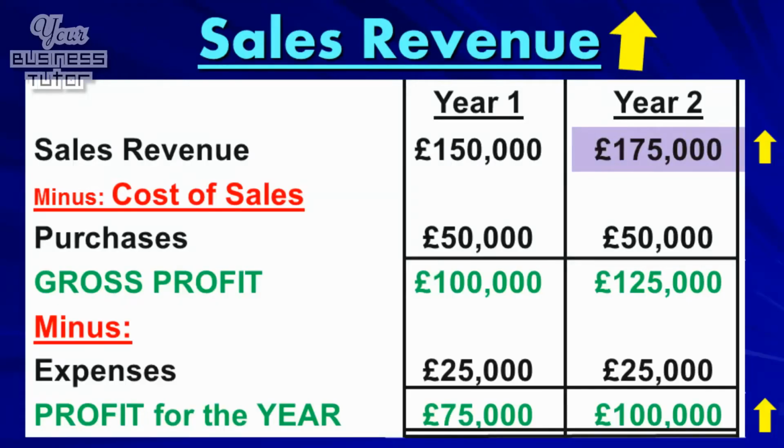Okay, so let's do that by first looking at an example where the profit for the year has jumped from £75,000 in year 1 to £100,000 in year 2. As can be seen from the income statement, this increase is due to a big rise in sales revenue.